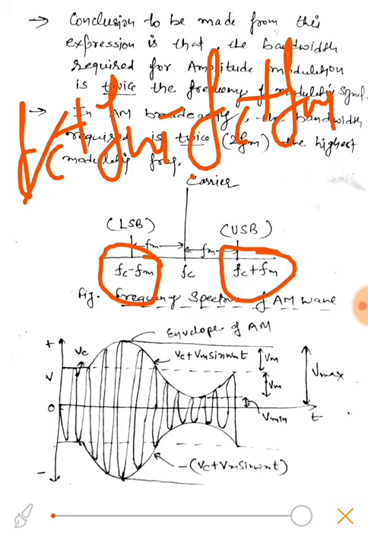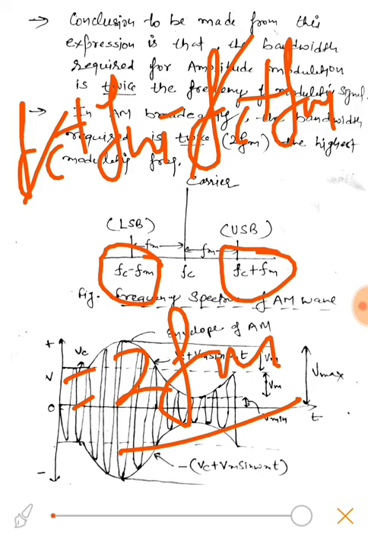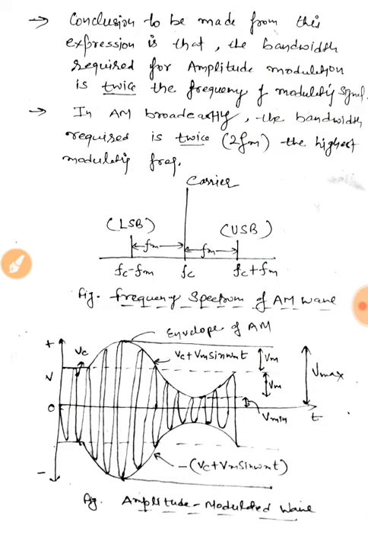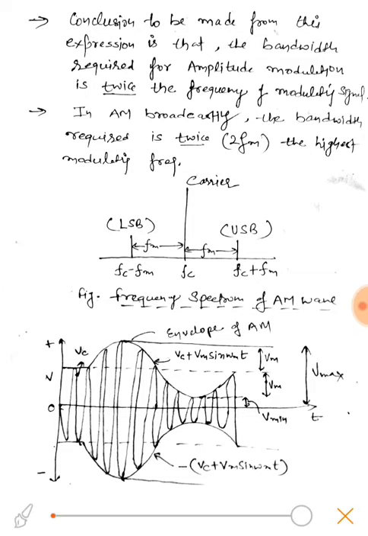So Fc will cancel out and it would come out to be 2Fm. So frequency required for the transmission of amplitude modulated wave is 2 times the message signal or 2 times the modulating signal, that is our message signal. Okay, so we require 2 times the frequency.